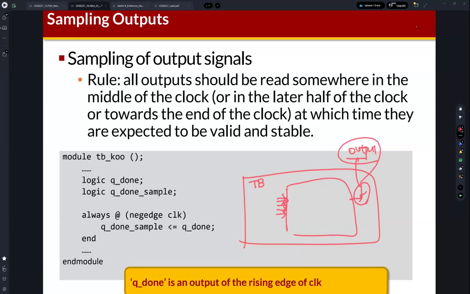But we also need to consider when we will monitor the output values generated from the DUT. Why do we need to consider the timing of output values from the DUT? It's the same reason.